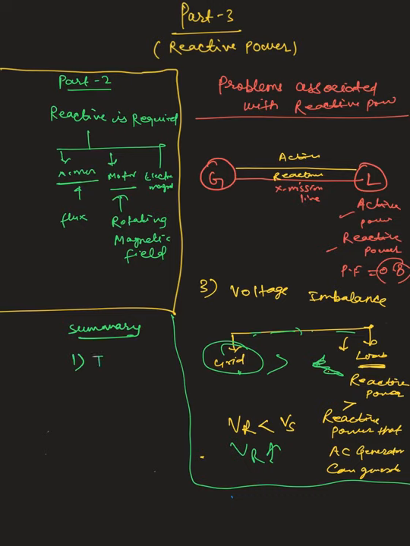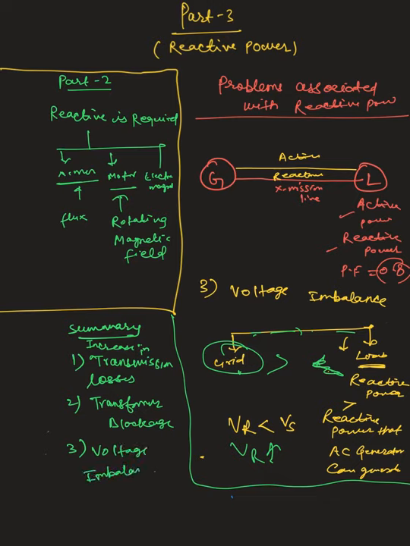The first is increase in transmission line losses. The second problem is transformer blockage, and the third problem is voltage imbalance. Thank you for watching this video.